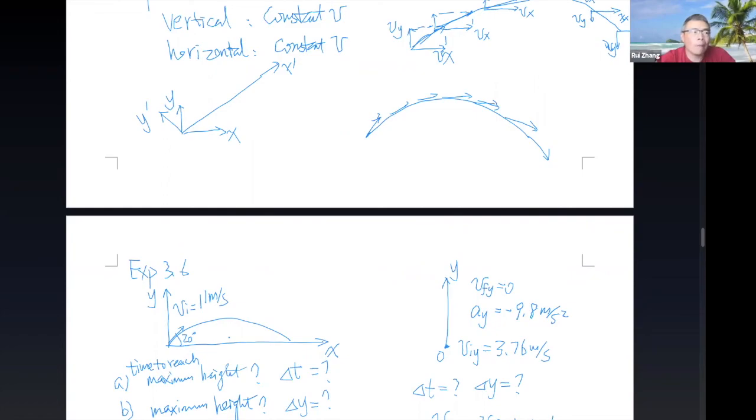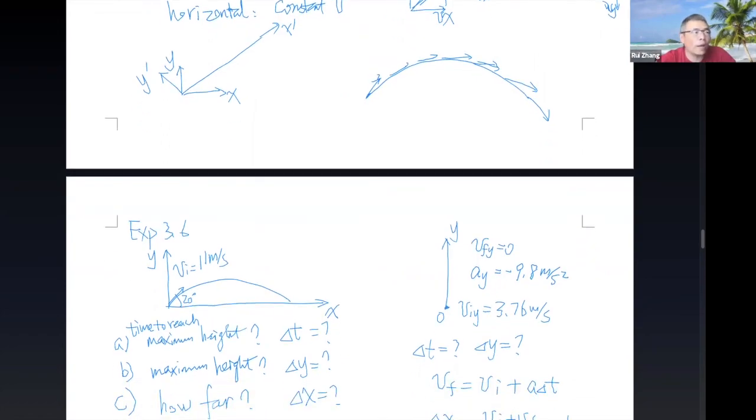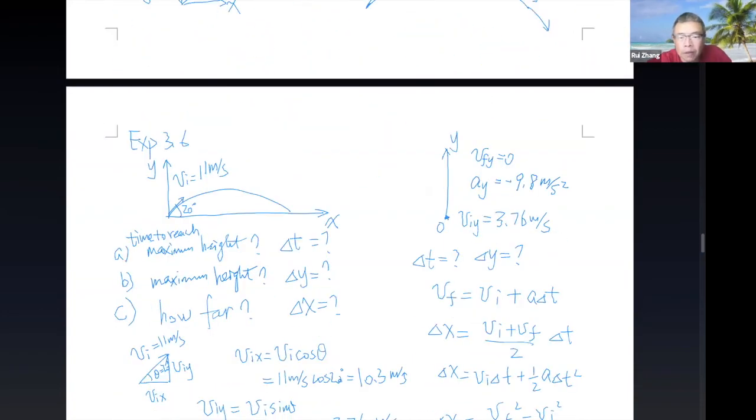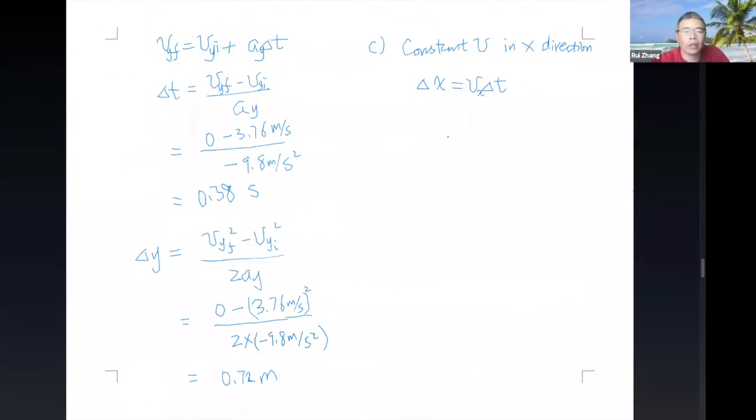So strictly speaking, we do not know delta t, but you could guess delta t should be double what we had before. Remember, we did one problem for free fall motion. If something goes up and then comes back, it takes double the amount of time compared with starting from here and going to the maximum height. So this is like a shortcut you can use.